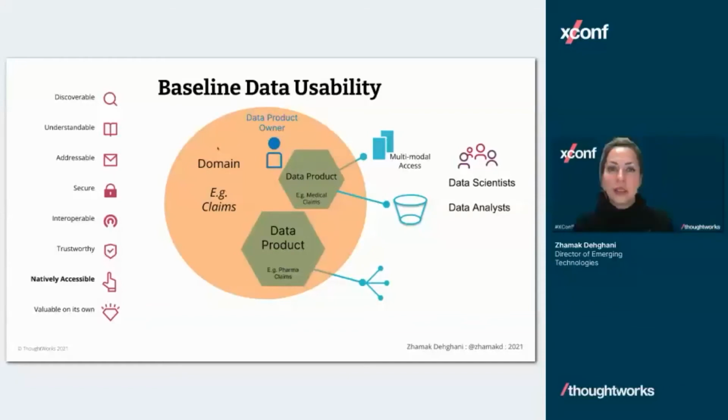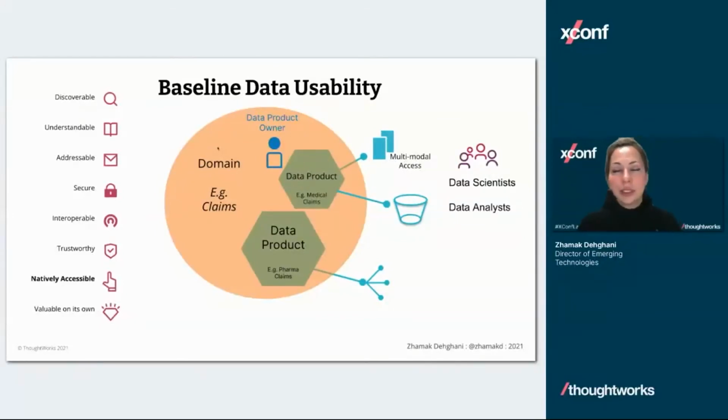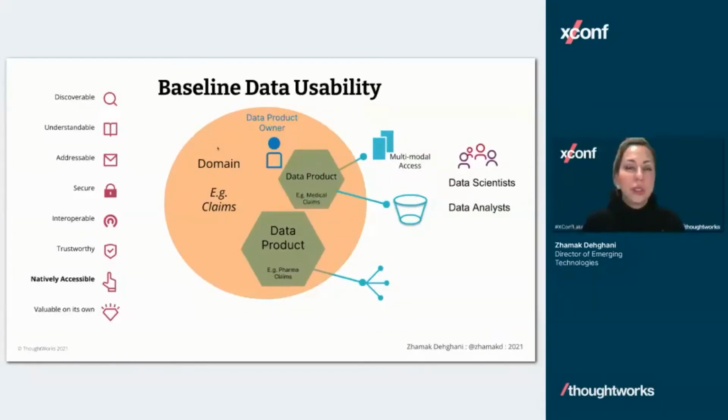It needs to be intrinsically itself, have APIs, have characteristics that make it discoverable, uniquely addressable, have documentation so it can be understood. Not simple documentation like a schema, but beyond that, showing with perhaps computational notebooks how that data can be accessed, what the shapes and statistical characteristics of it are.